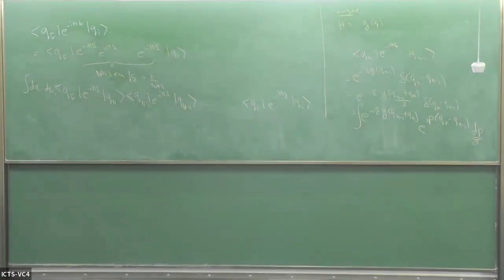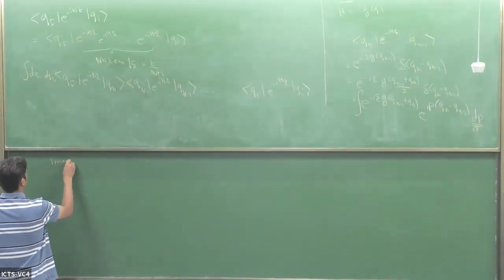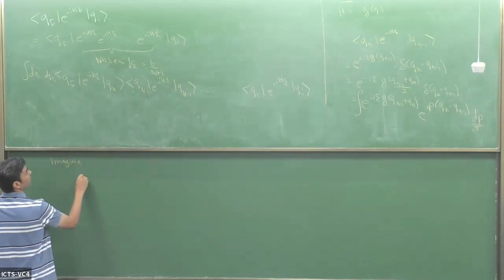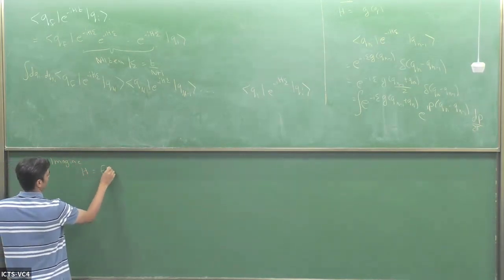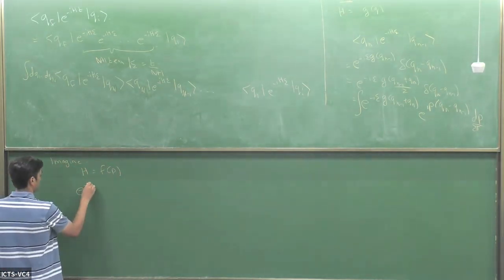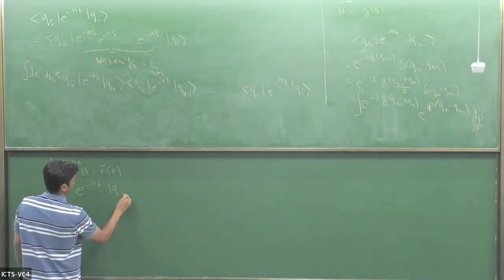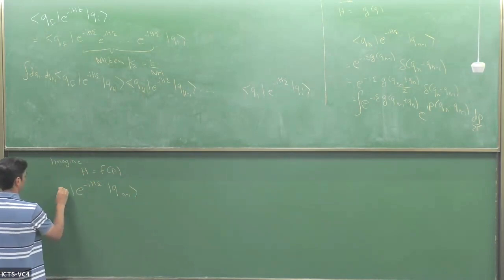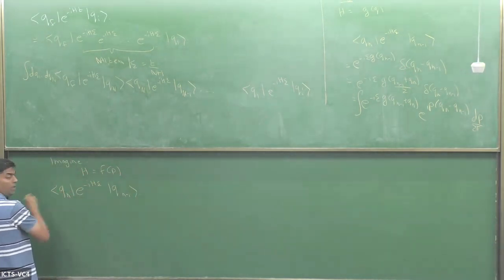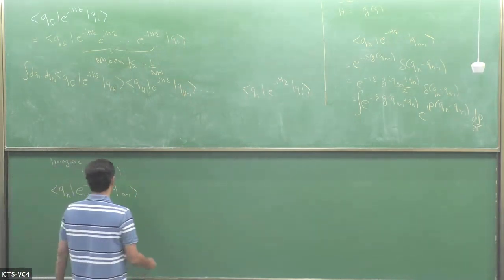Okay. Now imagine that h is only a function of momentum. And then I want to evaluate the same expression. Say I want to evaluate this expression, then how can I evaluate it?